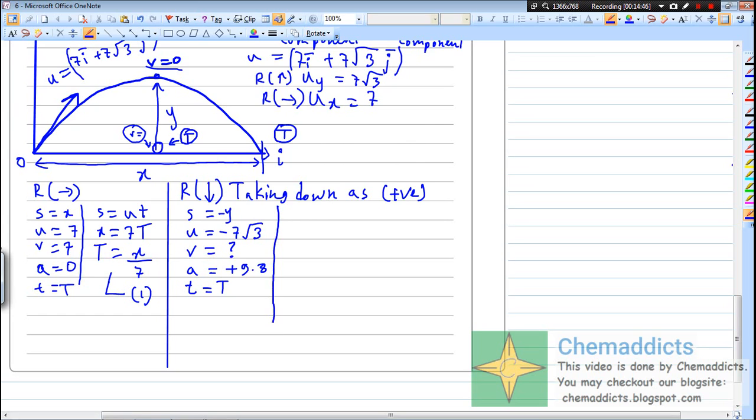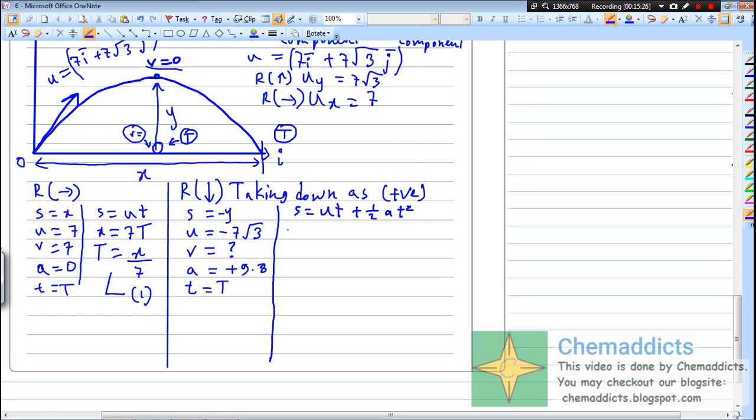Now let us find an equation which would relate these things. Since the time of flight is the same for the horizontal direction and the vertical direction, we need an equation that relates time, displacement, initial velocity and acceleration, which is s equals ut plus half at square.